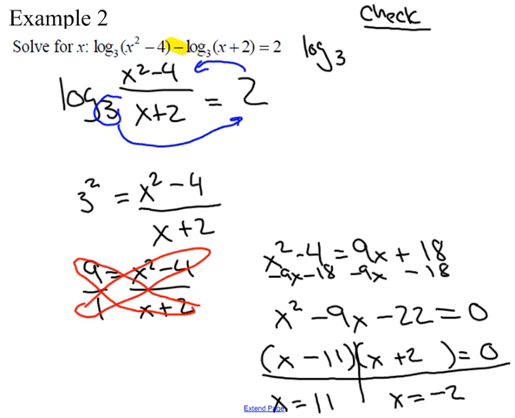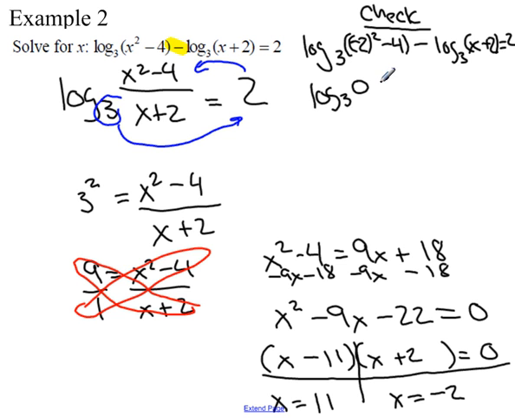So log base 3, negative 2 squared, that's going to give us 4, and then 4 minus 4, that's going to give us 0, minus log base 3, x plus 2 equals 2. Okay, now going back to this, negative 2 squared gives us 4, and then 4 minus 4 is 0. This is going to give us log base 3 of 0.